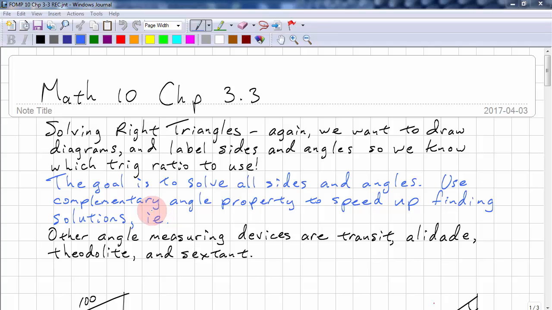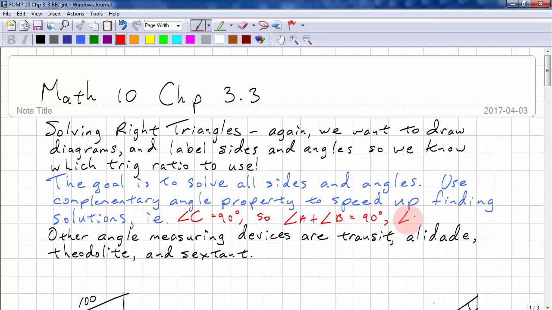Use the complementary angle property to speed up finding solutions. That is, angle C equals 90 degrees, so angle A plus angle B equals 90 degrees.